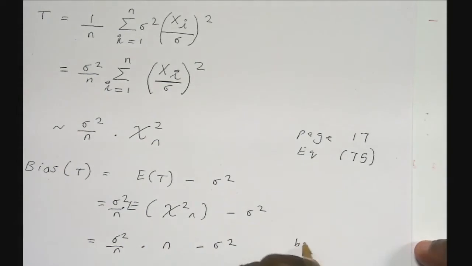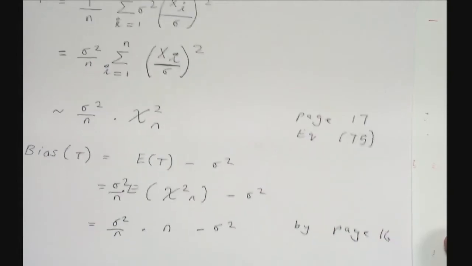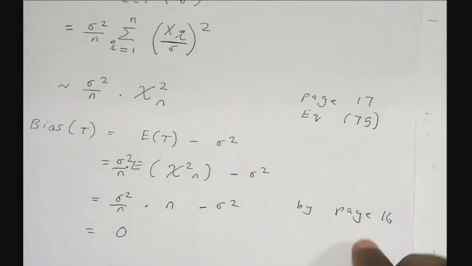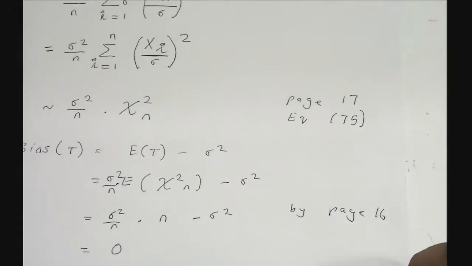It's on page 16 of the notes, right? So the bias is equal to 0. So the bias of the estimator is equal to 0 because I have used the property from page 16 of the notes that the expectation of a chi-squared variable is equal to the degrees of freedom.